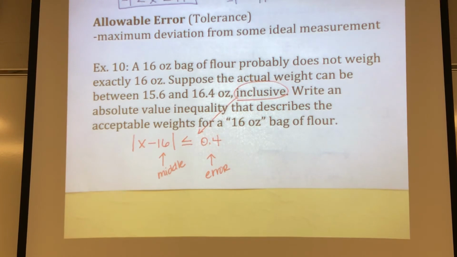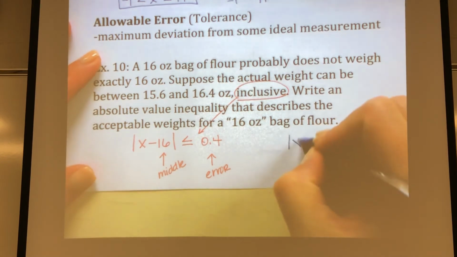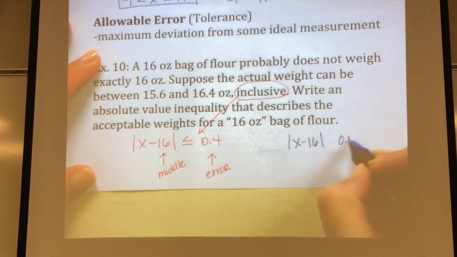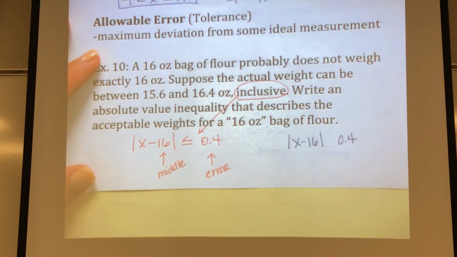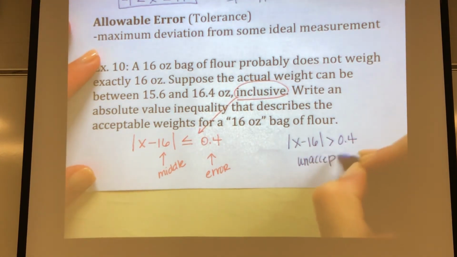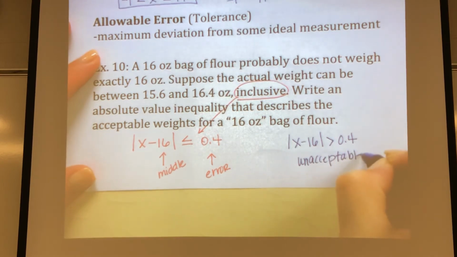Now, conversely, if I asked you for what the unacceptable weights would be, this would only slightly change. We would still have our middle number as 16. We would still have our allowable error as 0.4, but we would use a greater than symbol. And this equation would represent the unacceptable weights of the flour.